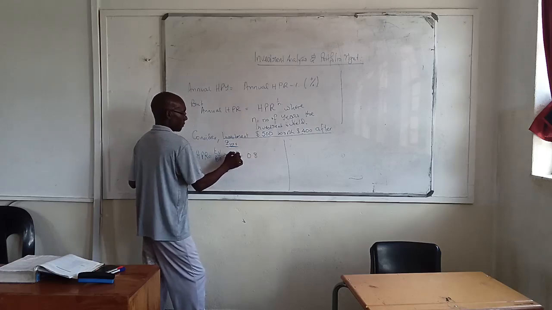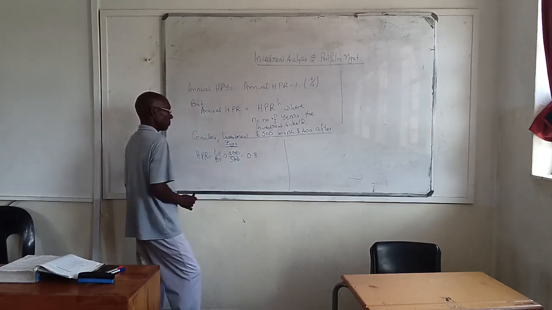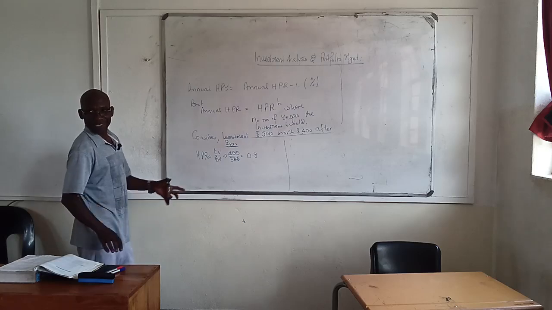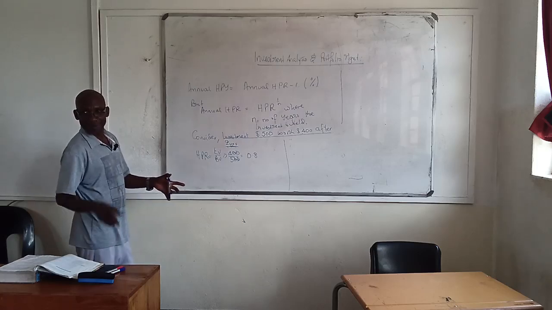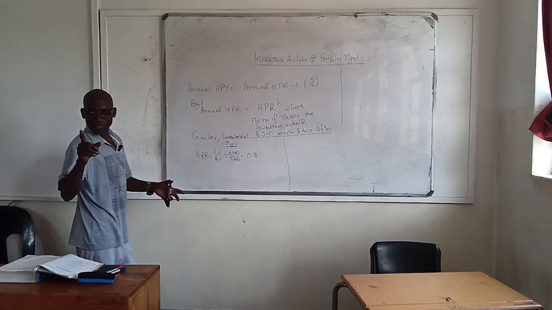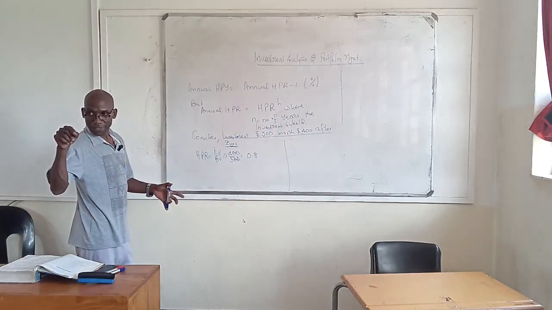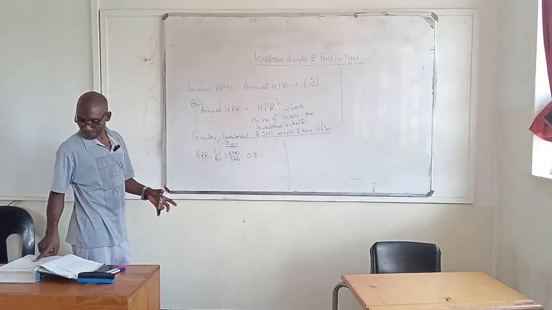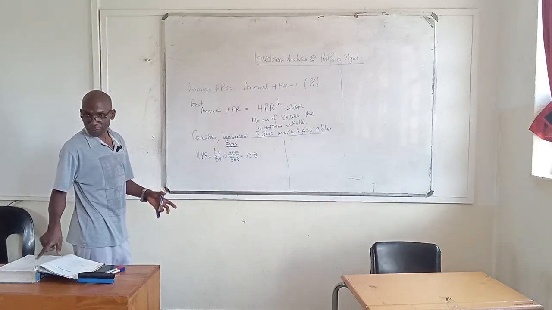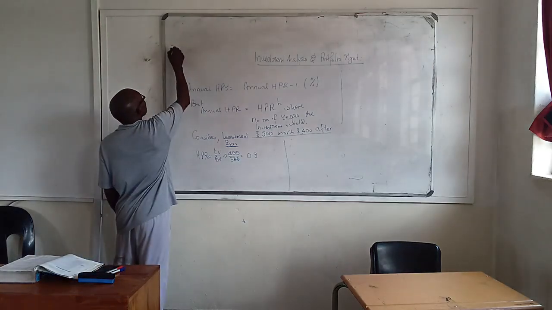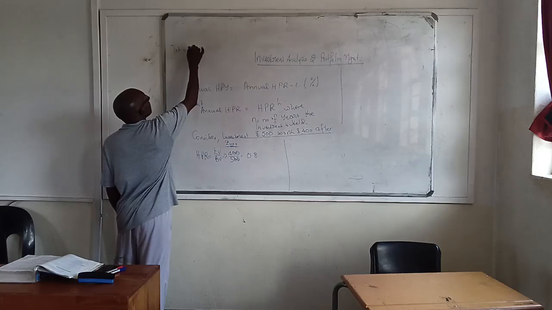All right, so this is 0.8. Now, have you seen that 0.8 is less than 1? But at first, when we got profit, it was more than 1. In that first example, it was 1.4. You remember that? When it was a profit, at first, it was 1.4.